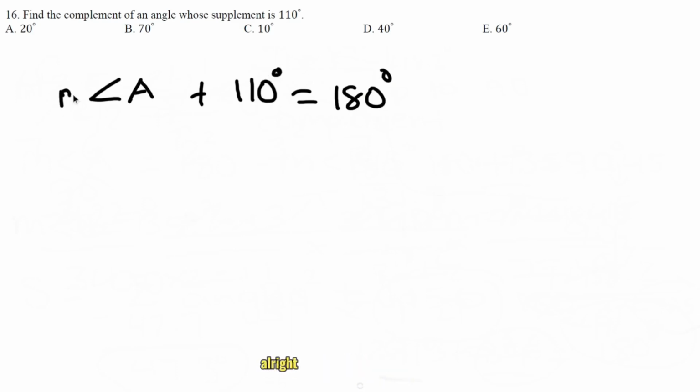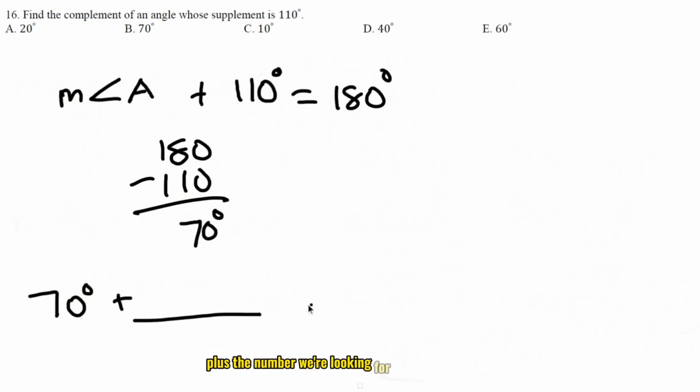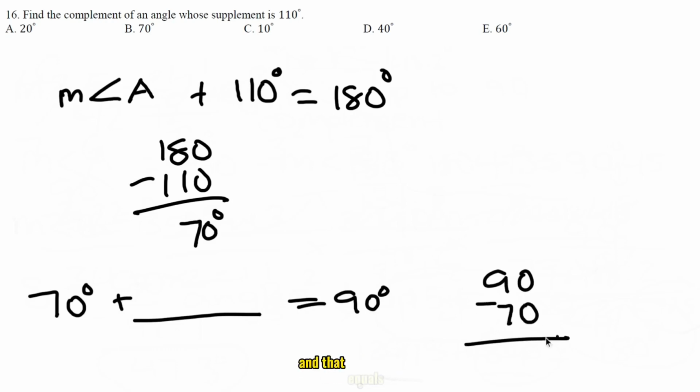Now we can do 180 minus 110 to figure out what this mystery angle is, and that's 70 degrees. Now we need to find the complement of 70 degrees. The complement means 70 degrees plus the number we're looking for equals 90 degrees. So we can do 90 minus 70, and that equals 20. And that's your answer.